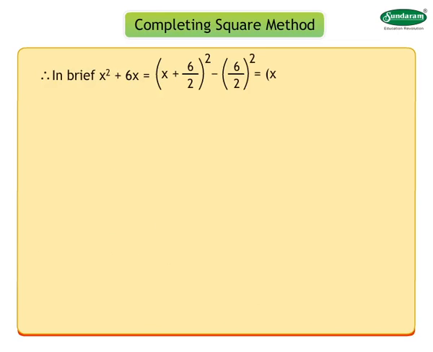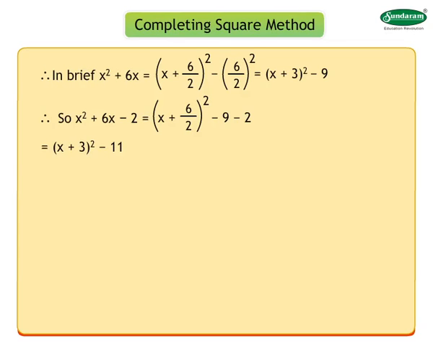In brief, x square plus 6x is equal to (x plus 6 upon 2) whole square minus (6 upon 2) whole square is equal to (x plus 3) whole square minus 9. So, x square plus 6x minus 2 is equal to (x plus 6 upon 2) whole square minus 9 minus 2 is equal to (x plus 3) whole square minus 11.